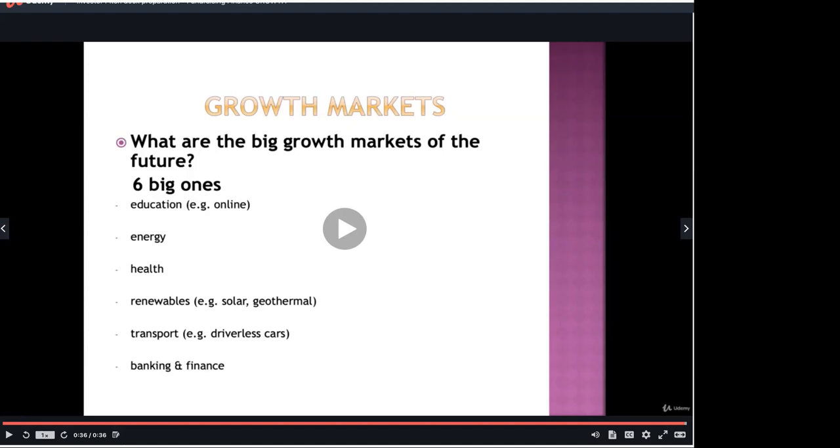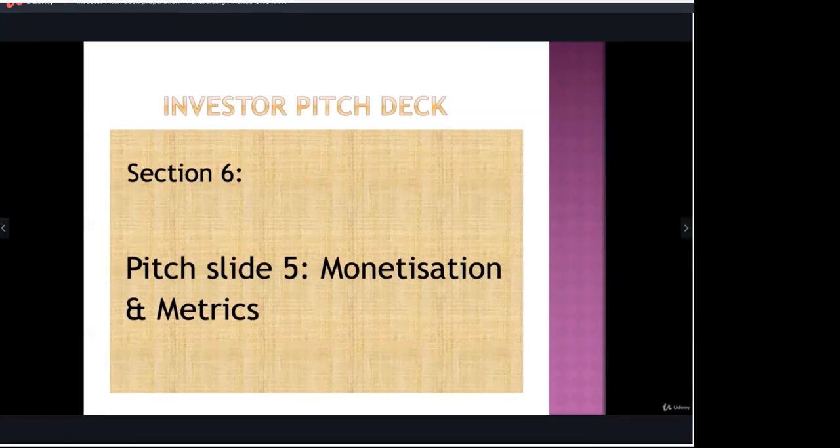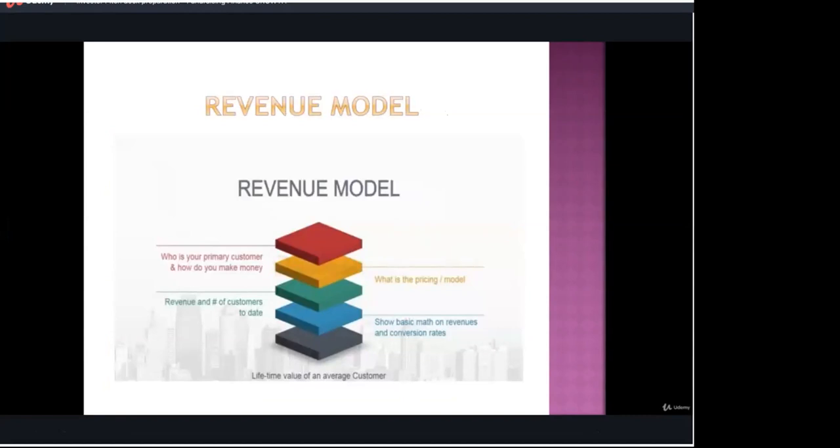I quickly want to do a few more minutes on the monetization and metrics without going into the figures, because let's see how this goes. Section 6, pitch slide 5, monetization and metrics. Revenue model.